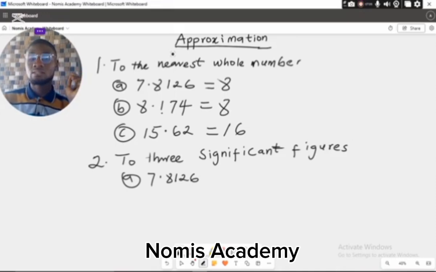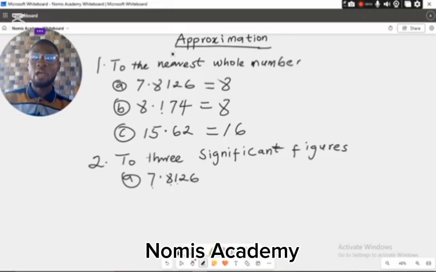So let's start reading from the left hand side. 7, 8, 1. So these are the three significant figures. But before we put down the three significant figures, we will consider the digit after that third significant figure, to tell if it is up to 5. If it is, we approximate it to be 1 and add it to the next one on the left. But if it is not up to 5, we approximate it to 0 and add it, and anything added to 0 remains the same, right?